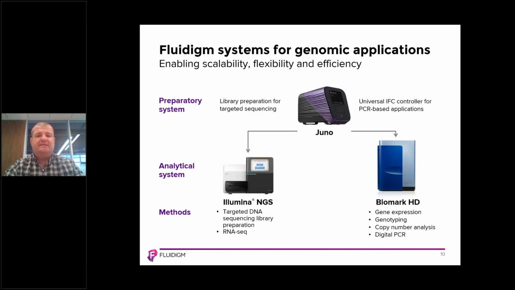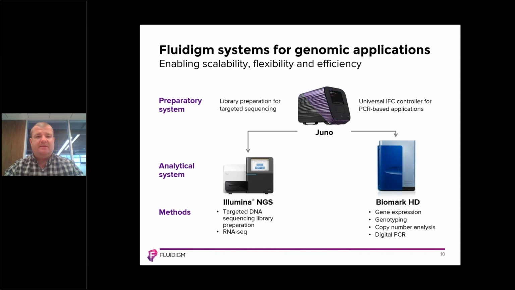This preparatory device processes all of our integrated fluidic circuits. So when we talk about the 192.24 IFC, that 192.24 IFC can be primed, and the samples and assays can be loaded using the Juno system. And that prepares those samples and assays to then be run on the Biomark HD platform.